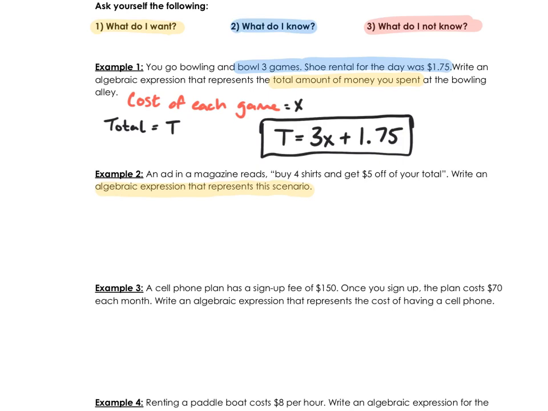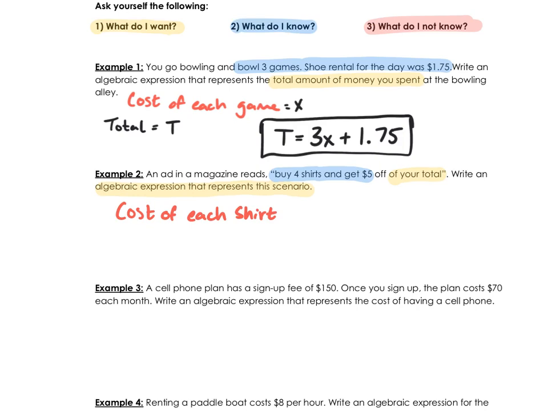The things that we do know is if you buy 4 shirts, what do you get off? $5, okay? Now, the thing that we don't know is what? We don't know the cost of each shirt. Y'all with me? We do not know the cost of each shirt.